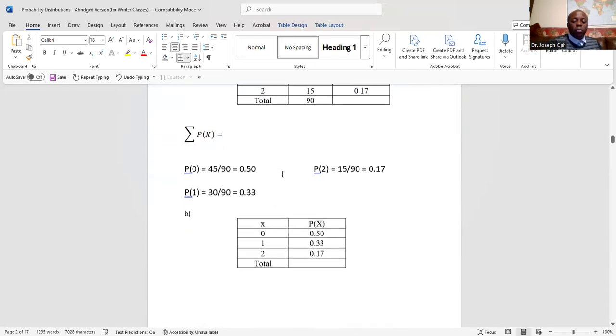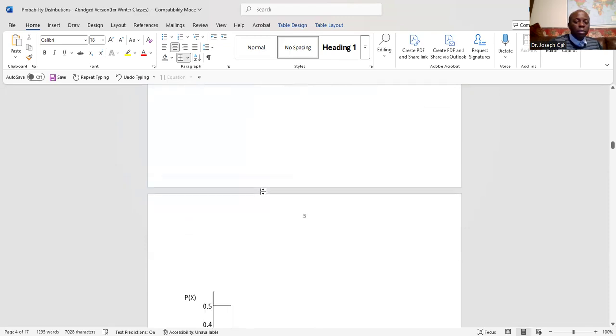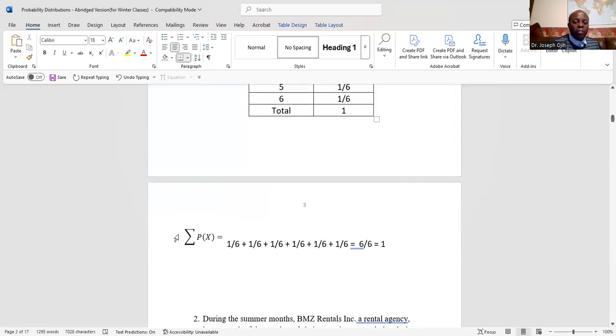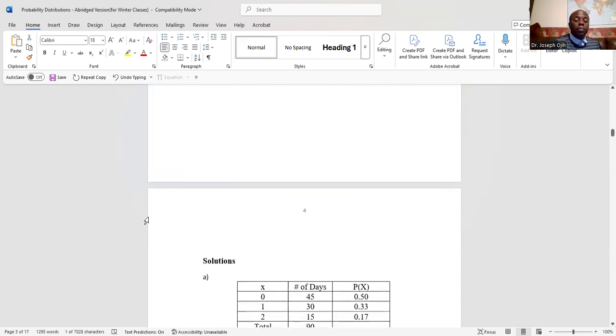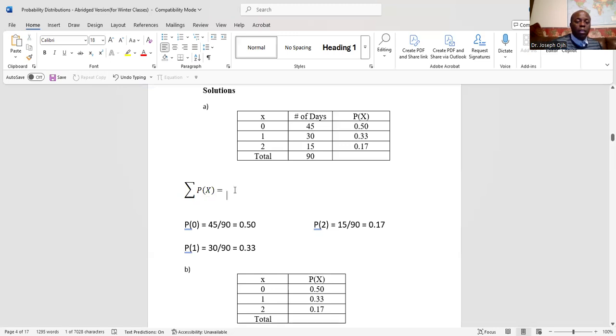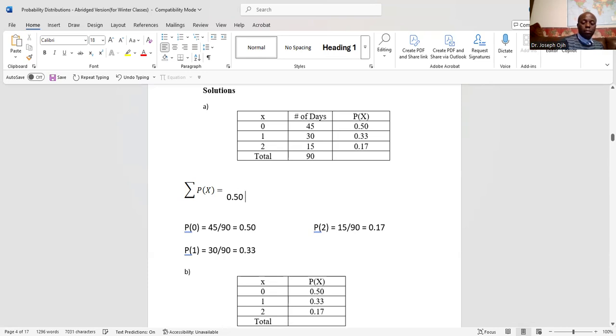If you add all the probabilities we have here, the sum of P(x), I'll copy it here. Actually, 0.5 plus 0.33 plus 0.17.